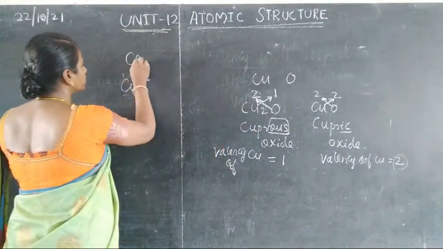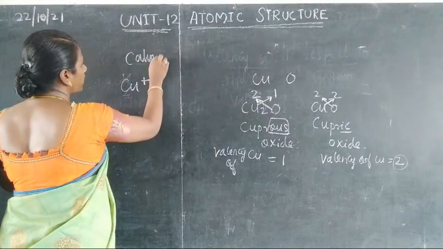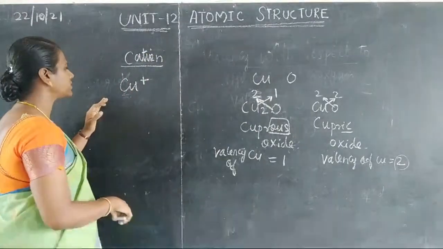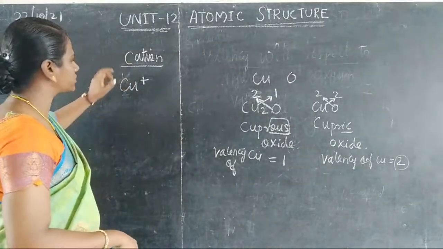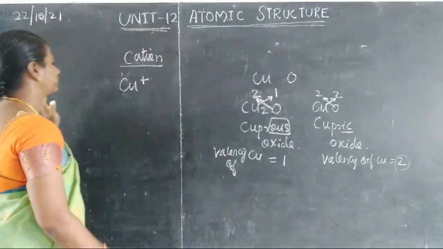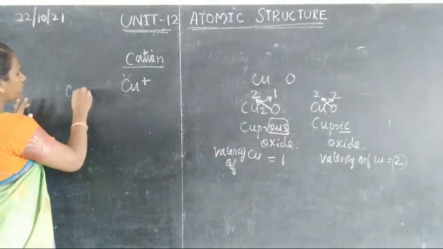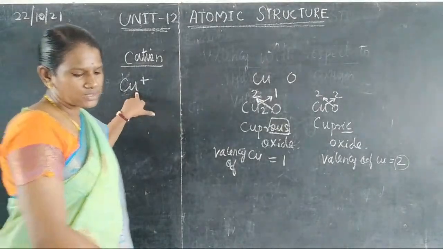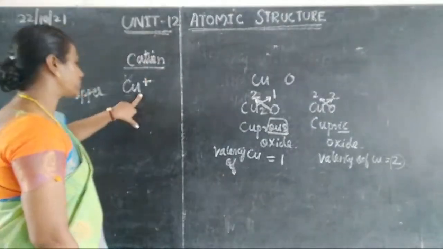If you see the positive charge, we should consider that as a cation. What is the name of this copper? The copper forms Cu plus ion, that is called cuprous.